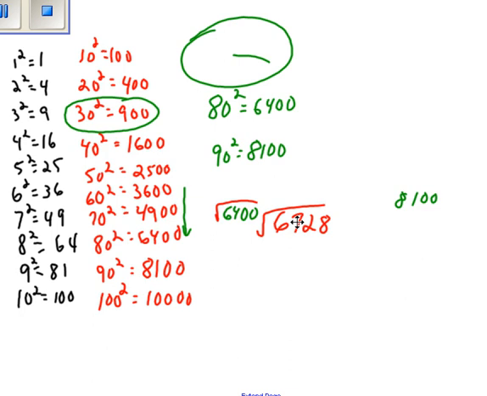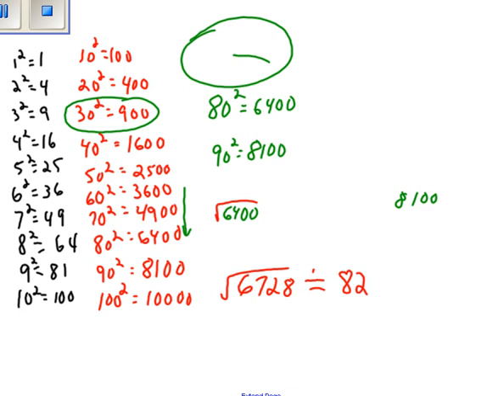Judging by this, we're only about 300 off, and 300 is probably 2 or maybe 3 groups of 80. So I'm going to guess the answer is somewhere about 82.5. So we're going to say that the square root of 6,728 is approximately 82.5.